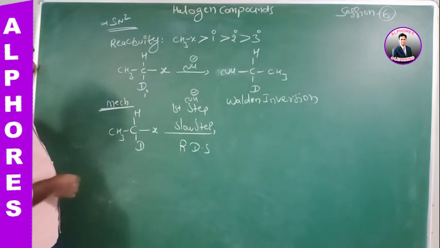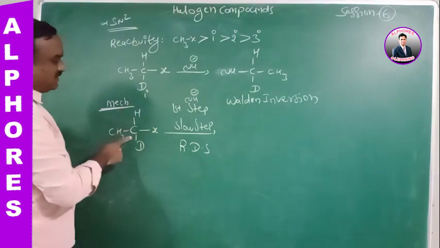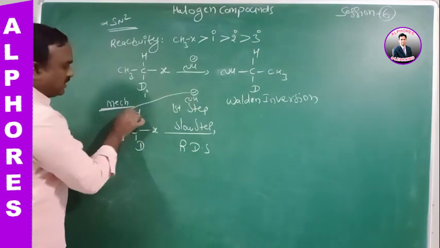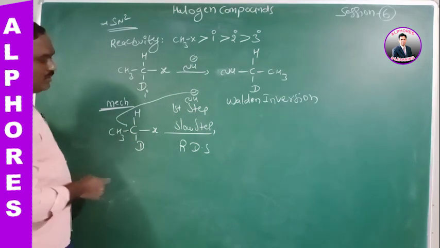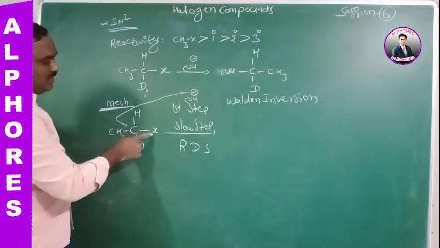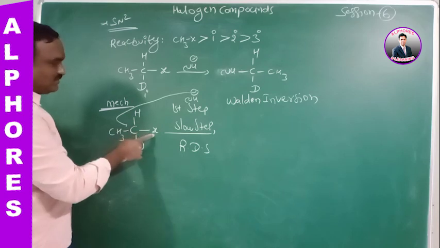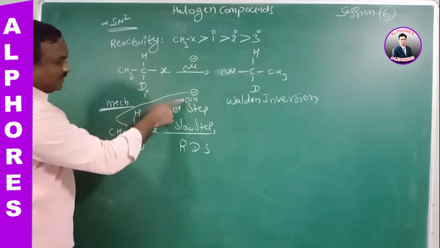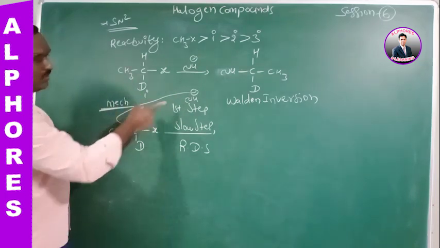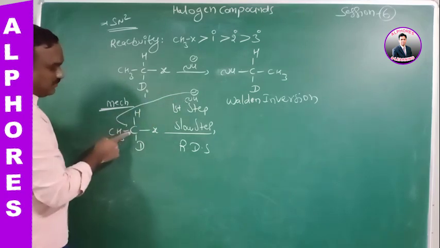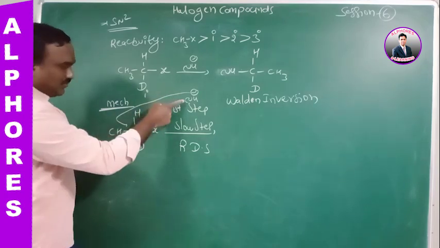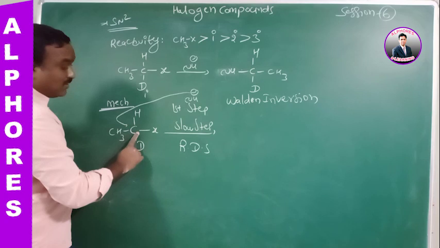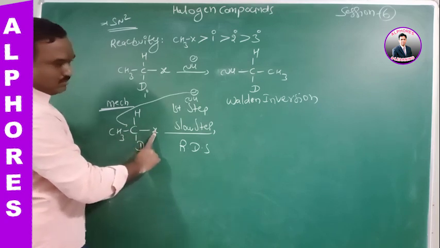The nucleophile attacks the substrate exactly opposite to the leaving group. Suppose 10% bond cleavage is possible between the carbon and X, then 10% bond formation is possible between the carbon and incoming nucleophile. 50% bond formation between the carbon and incoming nucleophile means 50% bond cleavage between the carbon and outgoing nucleophile.